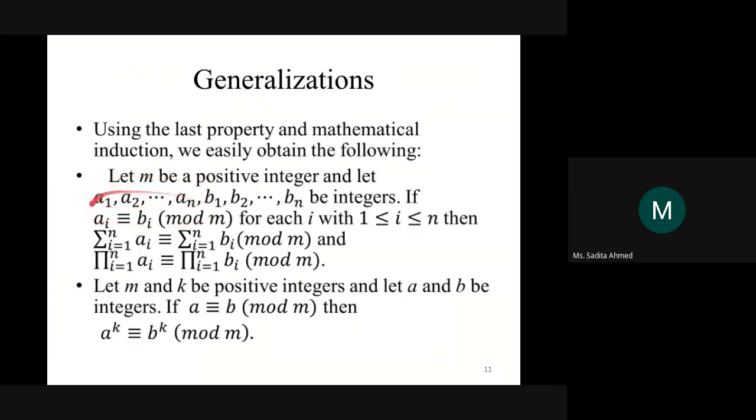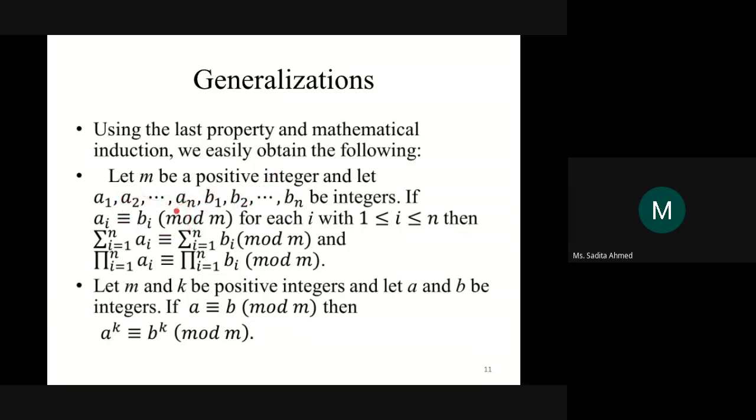For a range of integers a1 until an, and a range of integers b1 until bn, if these sets of integers are pairwise congruent to each other, that is, by that I mean a1 is congruent to b1 mod m, a2 is congruent to b2 mod m, a3 is congruent to b3 mod m, a4 is congruent to b4 mod m, and so on until an, which is congruent to bn mod m.